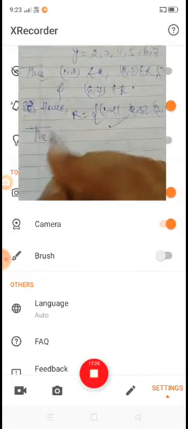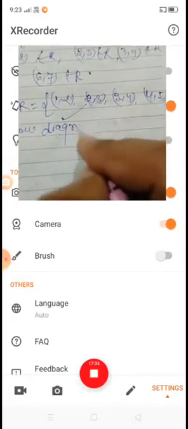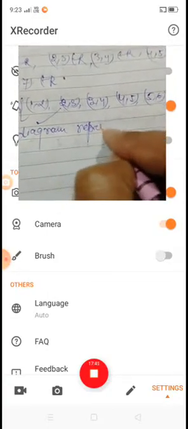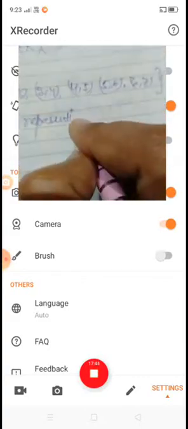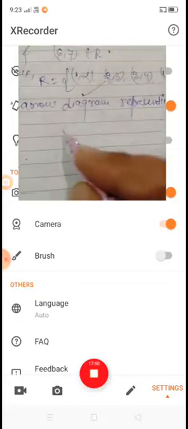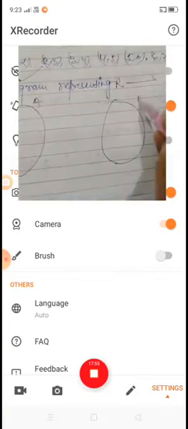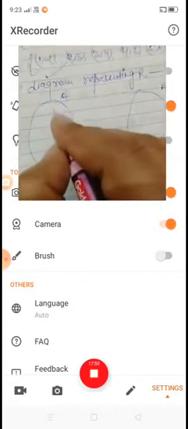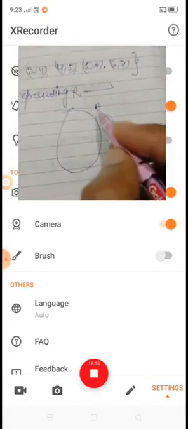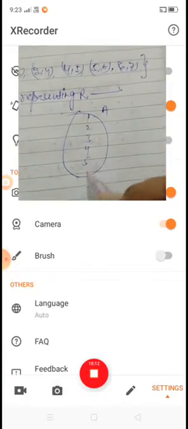So the arrow diagram representing R is that, first of all you write the relation A to A. First of all you write all the elements of A as 1, 2, 3, 4, 5, 6, and you write all the elements of another A, 1, 2, 3, 4, 5 and 6.